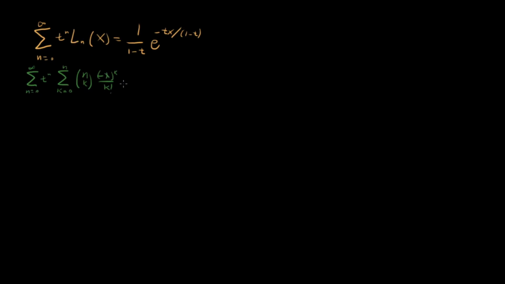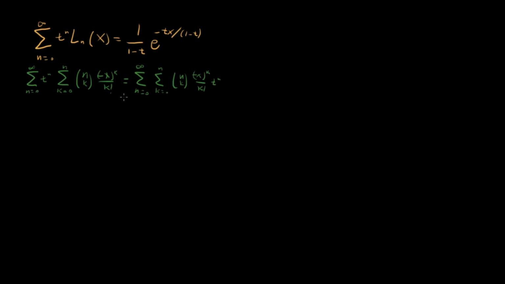And if we wanted to, we could move this t^n out in front, and then we would have a sum from n equals 0 to infinity, a sum from k equals 0 up to n, of n choose k times minus x to the k over k factorial times t to the n. So this is a series representation for our left-hand side of the equation.